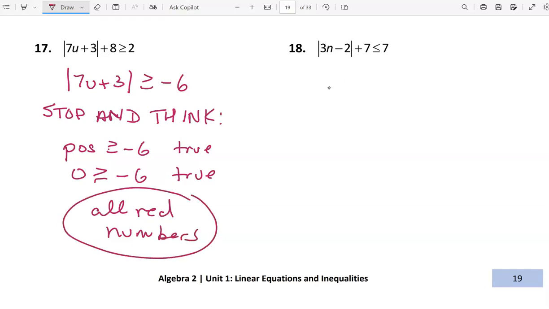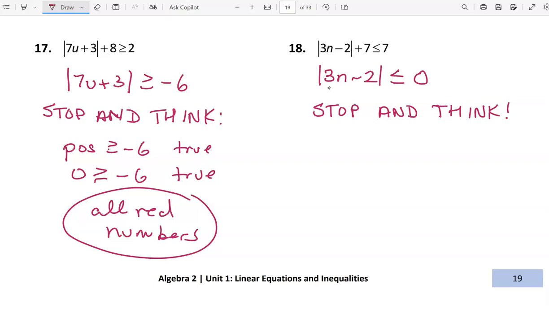All right, let's take a look at 18. Isolate that absolute value first. We're going to subtract 7. Okay, that's comparing to 0. So I'm going to stop and think. Is a positive number less than or equal to 0? Not true.